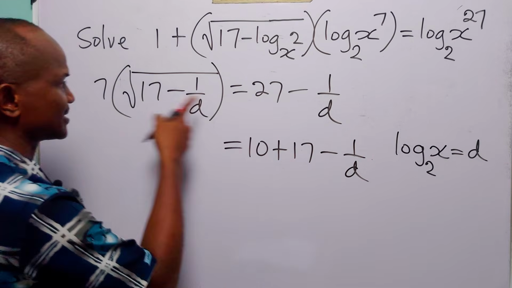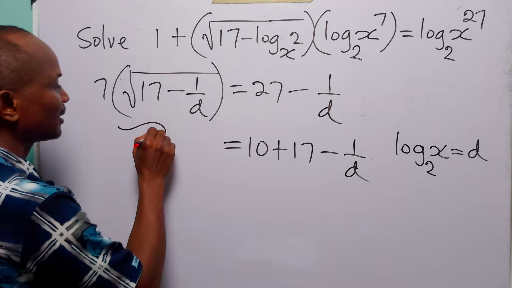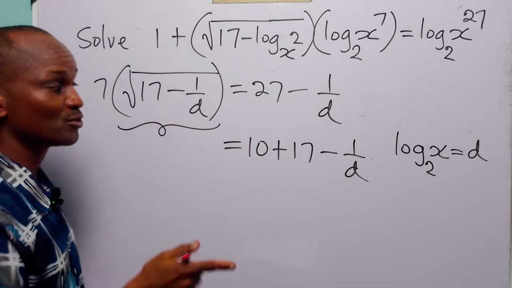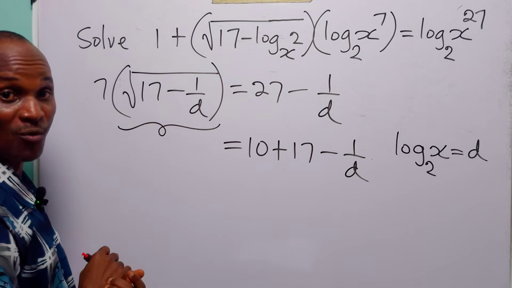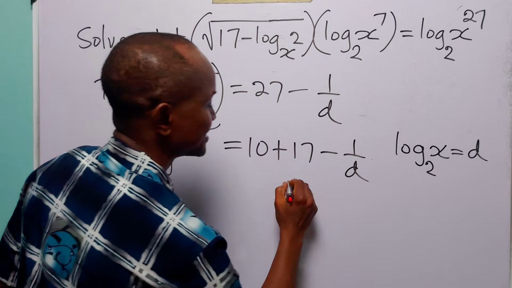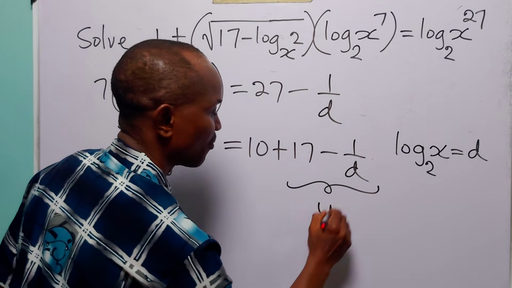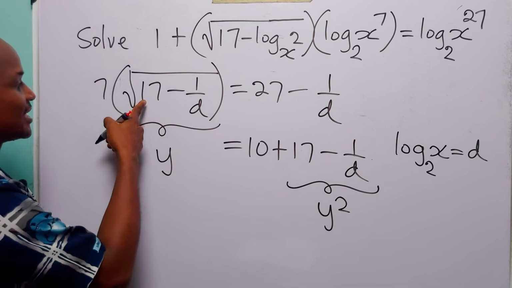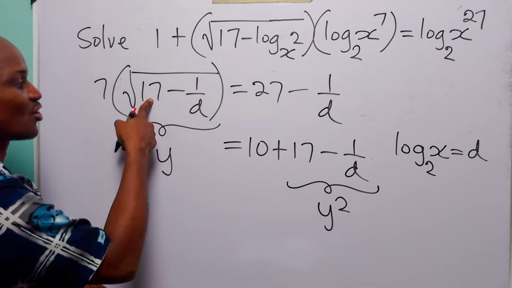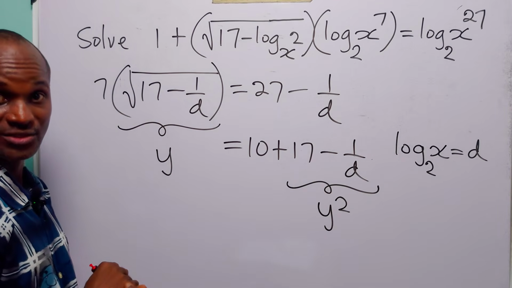Now when you look at this and you look at this, you will see that if we call this, that is the square root of 17 minus 1 over d, y, then 17 minus 1 over d is going to be y squared. Because if you square the square root of 17 minus 1 over d, this is exactly what you are going to get.